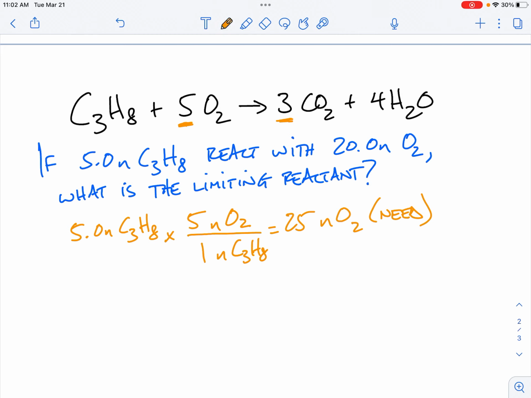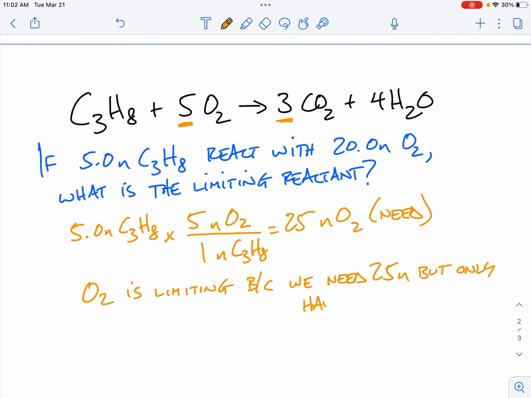So writing this out, I would say O2 is limiting because we need 25 moles, but only have 20 moles of O2. And that would be our reason there.